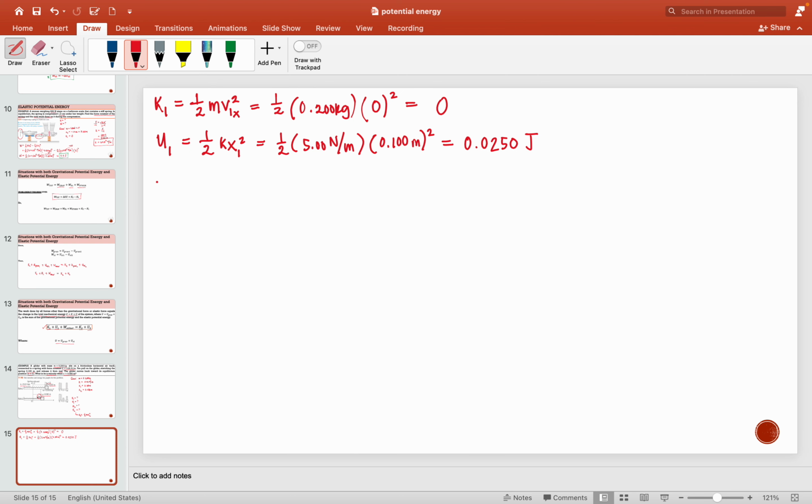Okay, and then the next one is the final potential energy, U sub 2, which is equal to 1/2 times K times X sub 2 squared. So we have again 1/2 times K is 5 newtons per meter times X sub 2 is 0.080 meters squared, which is equal to 0.0160 joule.